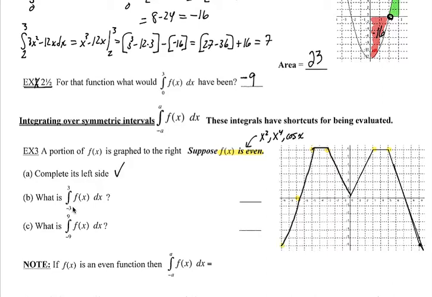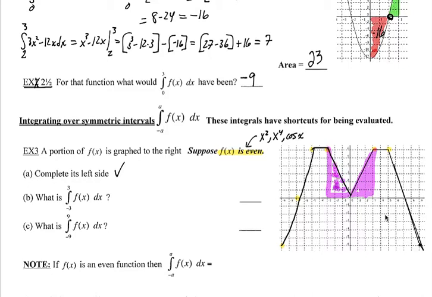Well, we don't have to find the entirety of that integral. We only have to find half of it, and then we can double it. So if we are able to find the area over here on the right side, then we know that the area over on the left side is a mirror image of that, so it'll be exactly the same size.